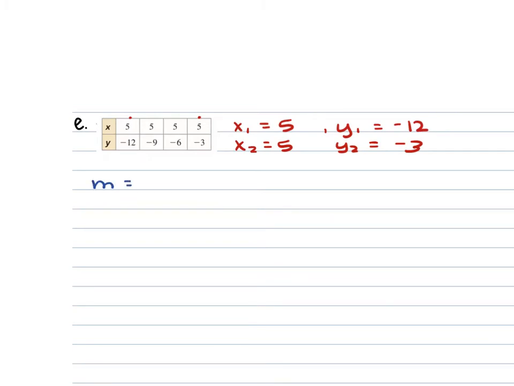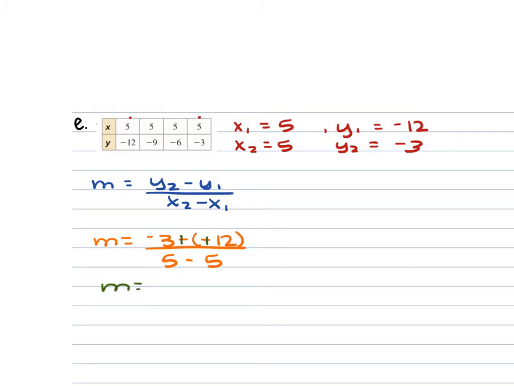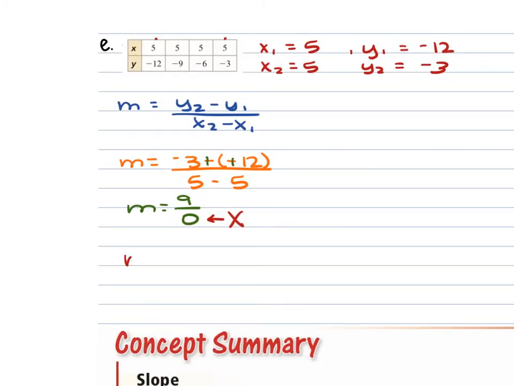So again, slope is equal to y2 minus y1 over x2 minus x1. So my slope is -3 minus -12 all over 5 minus 5. The two negatives turn into positives, so I get m is equal to -3 plus 12, which is 9, over 5 minus 5, which is 0. Once again, you have that 0 in the denominator, which you cannot have, so we have a slope that's undefined.